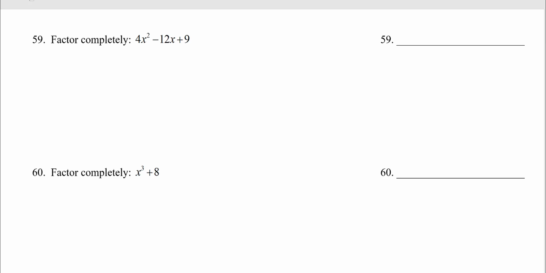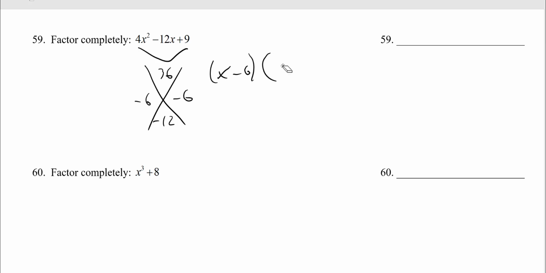Okay. So now, just another factoring problem, 59. It's pretty easy. X method. So 4 times 9 is 36, and then negative 12. Okay, and then what gives you 36 is 6 and 6, but 6 and 6 is 12, so they're both negative. So you get x minus 6, x minus 6, but because this is not a 1, otherwise you'd be done, you have to divide each of these by 4.